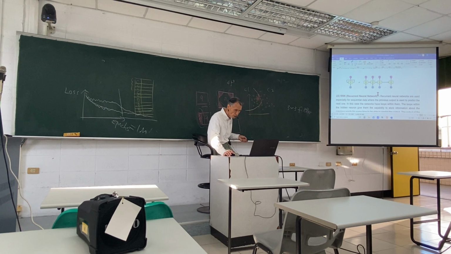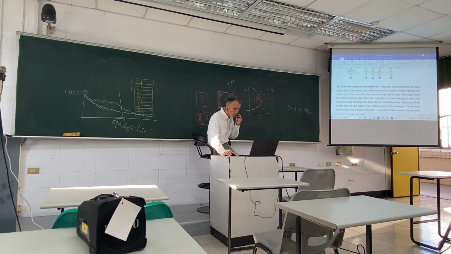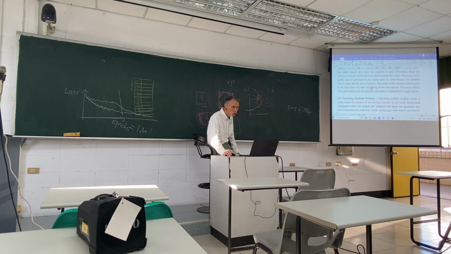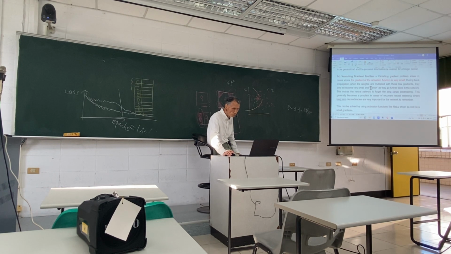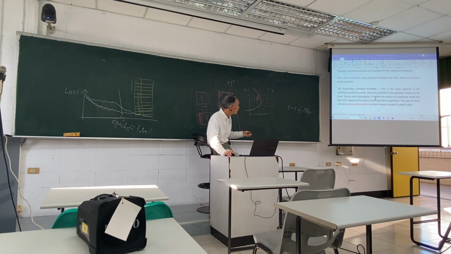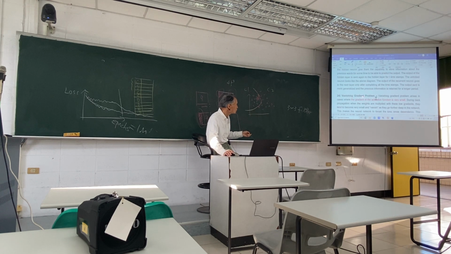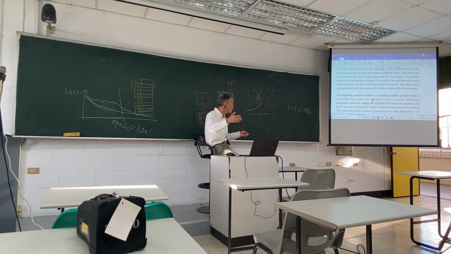I'll skip the recurrent neural network, because this algorithm cannot work with parallel GPUs. The vanishing gradient, we already mentioned that. Some of the problem is not very serious, because after you take a lot of iterations of the gradient, it will become zero, and then you will get stuck.